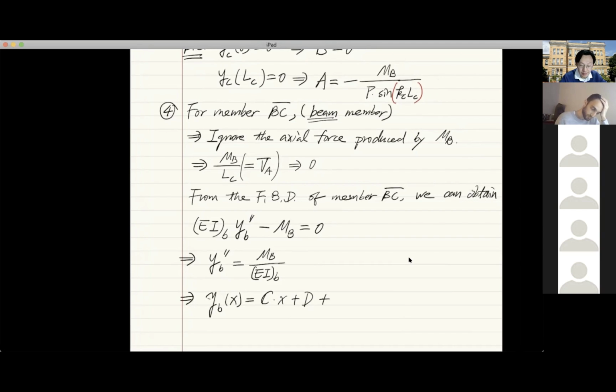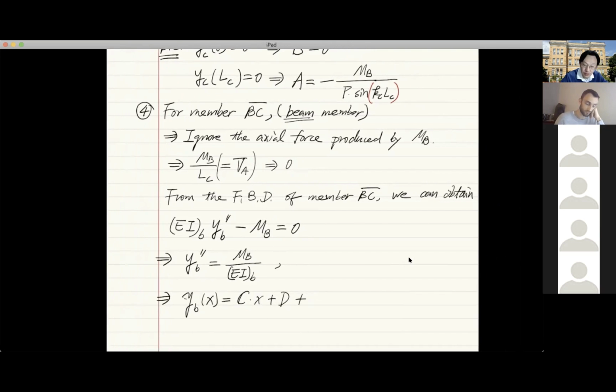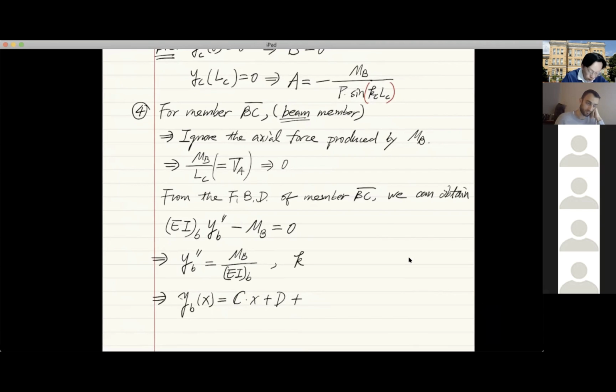And remember, the constant term will have to be divided by K squared. Now, here we have to define a different K. Before we call it KC, now we have to call it KB, because there are different kind of Ks here. One is for the columns, the other is for the beam. So here we're going to call it P over EIB to be KB squared.